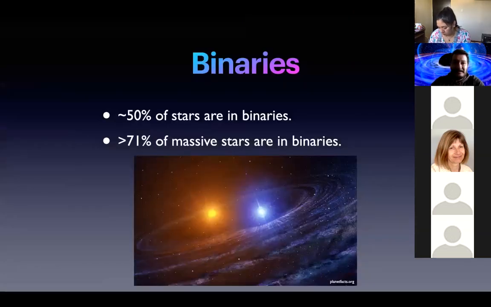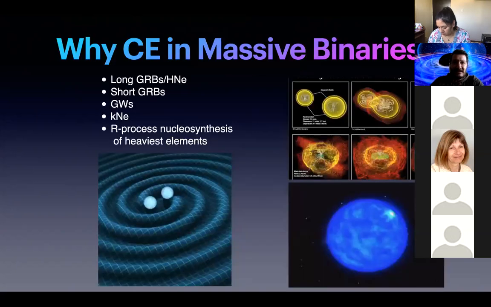As we've seen recently in many studies, most stars are in binaries, and in particular, the ones we are interested in, which are massive stars, have an even larger percentage, around 71% of them. You can see the paper from Sana et al. on this. So why do we need a common envelope?